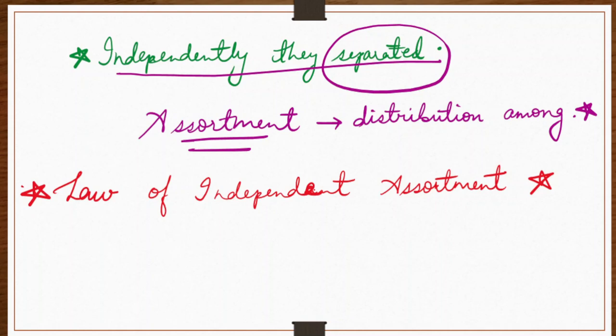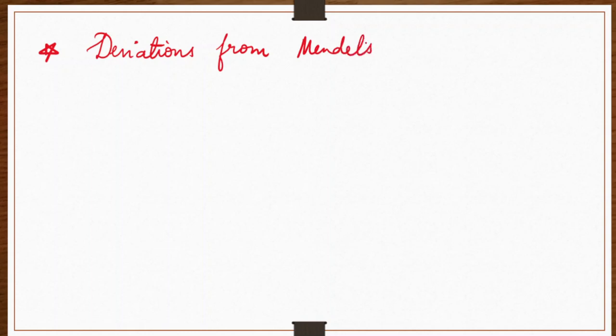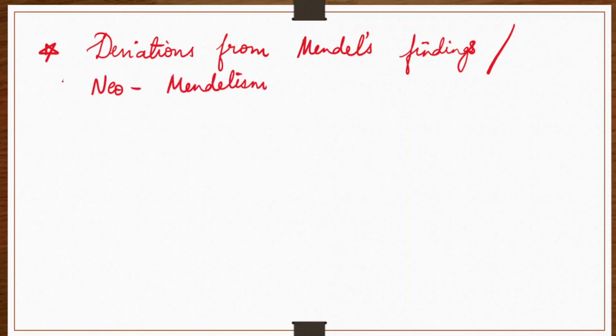Let's go forward and we will understand that there is another topic known as deviations from Mendel's findings. This is also known as Neo Mendelism. Neo means what?